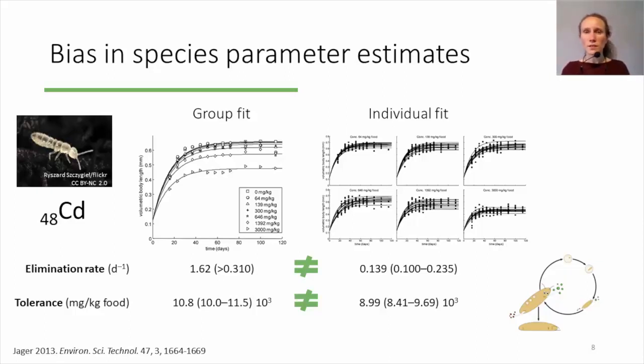And using this method, the ecotoxicological values they get are much different. You can see that the elimination rate is more than 10 times lower. And the tolerance is also a bit lower, which means that actually the effect of cadmium would have been underestimated by using the first method, the group fit method, rather than doing an individual fit.